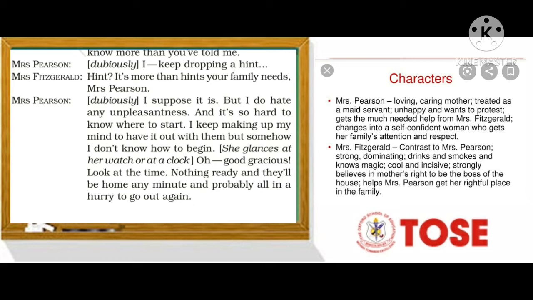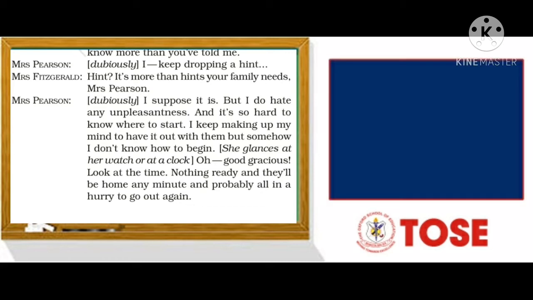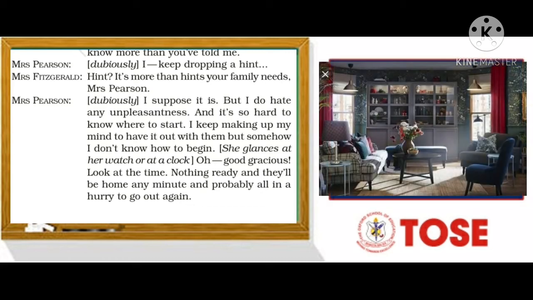I suppose it is. But I do hate any unpleasantness, and it's so hard to know where to start. So again, Mrs. Pearson showed a doubtful manner, but she agreed. I suppose it is. So she agreed with Mrs. Fitzgerald, but she said that it was quite hard for her to think where to start from.